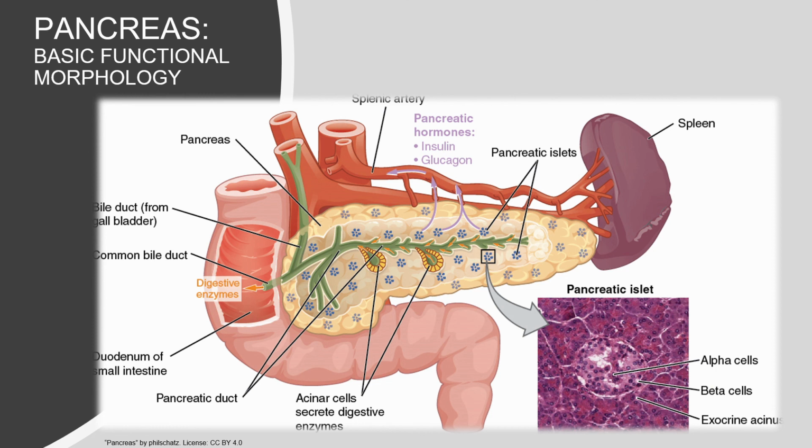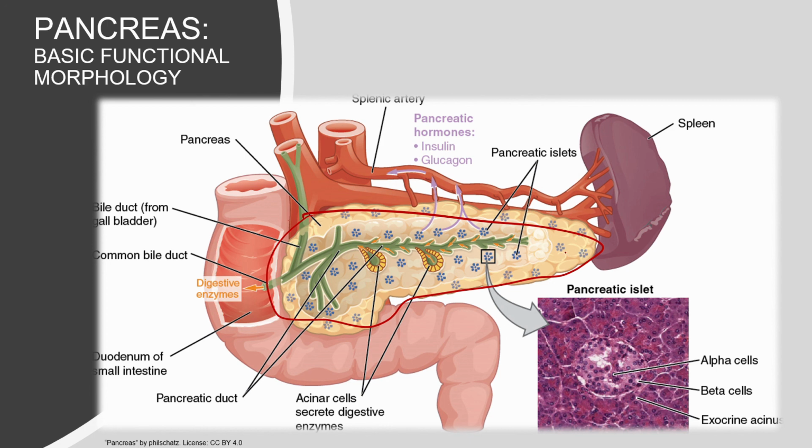First, let's take a look at its basic functional morphology. So this is the pancreas, right? This is it, which opens up to the duodenum through its ducts. So it has ducts and it has parenchyma.